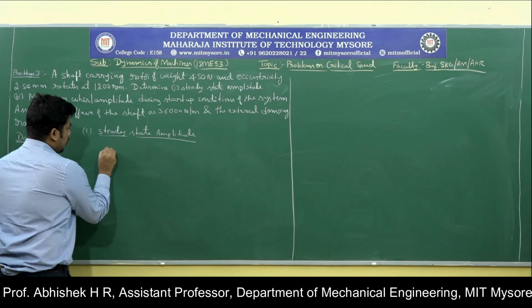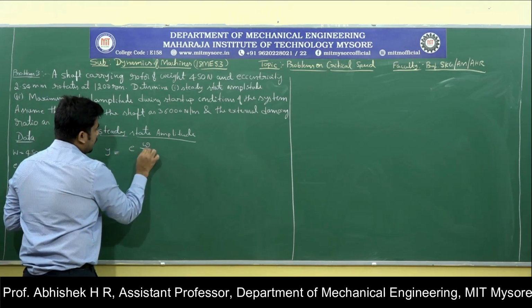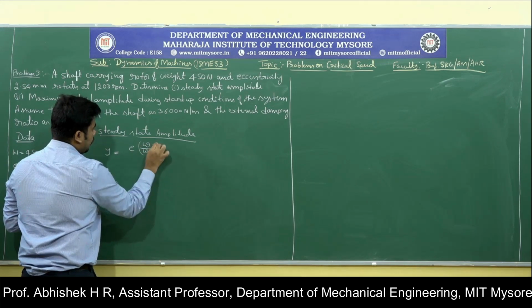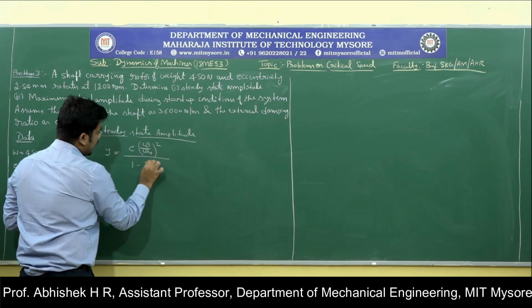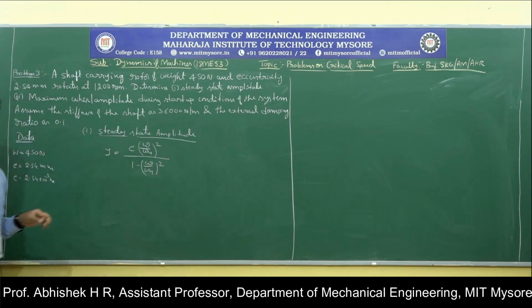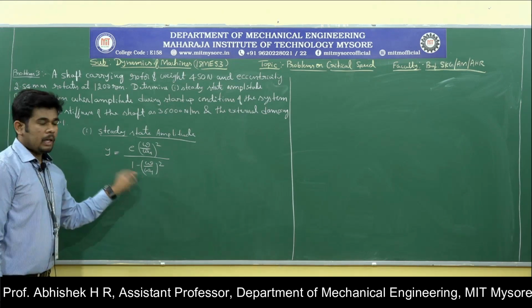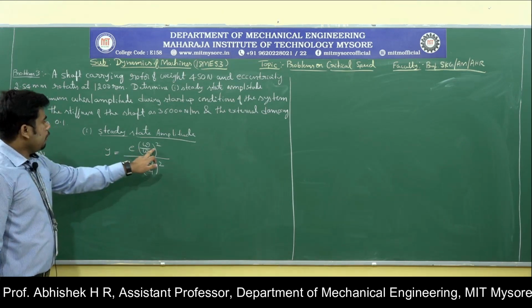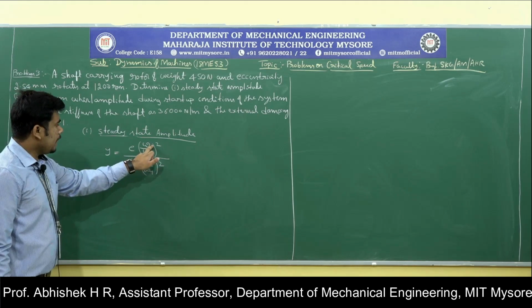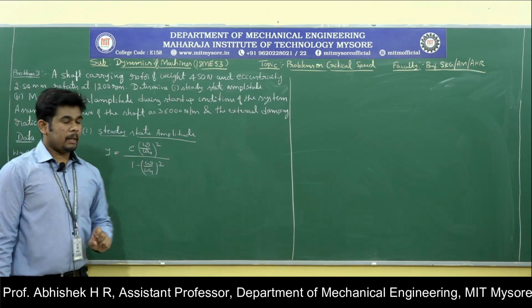For this we know the formula, y is equal to E into (omega by omega n) whole square divided by 1 minus (omega by omega n) whole square. Here we have two parameters, omega and omega n. Omega n is square root of k by m.